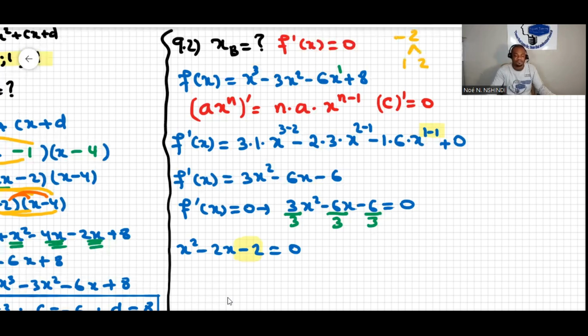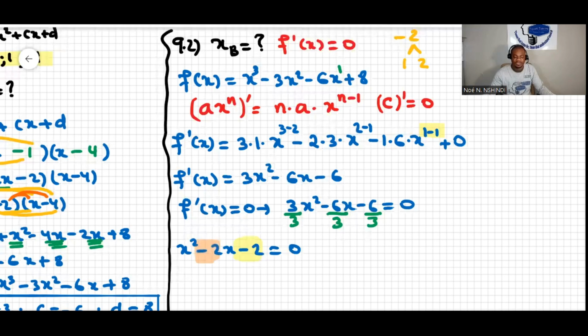Now I want to ask myself, how can I get a sum of -2 with 1 and 2? What combination can give me that? If I say 1 minus 2, it cannot give me -2. 1 plus 2, neither. -1 plus 2, -1 minus 2, no. We cannot get a sum of -2 from the factors of 2 here.